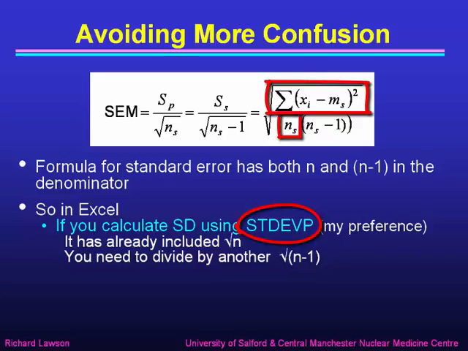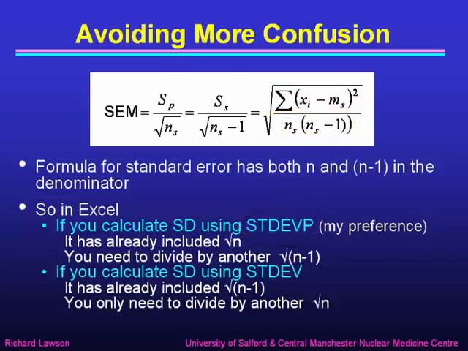So it calculates the sample standard deviation despite the fact that there's a P at the end of the function name. Don't blame me for that, blame Microsoft. So if it's already included a root n, then all you have to do is to divide by another root n minus 1 to get the standard error of the mean.